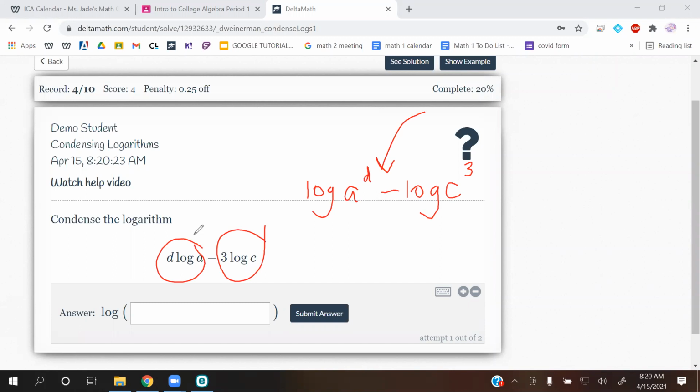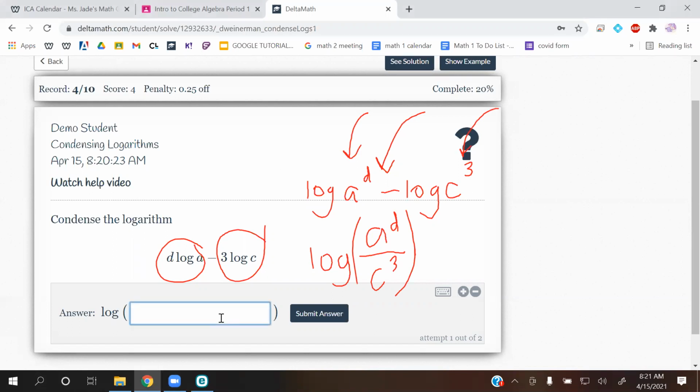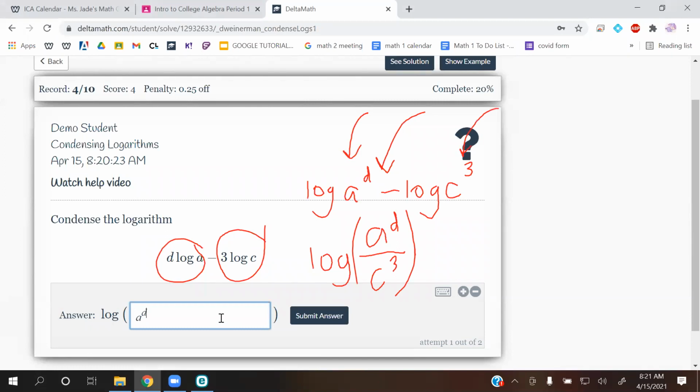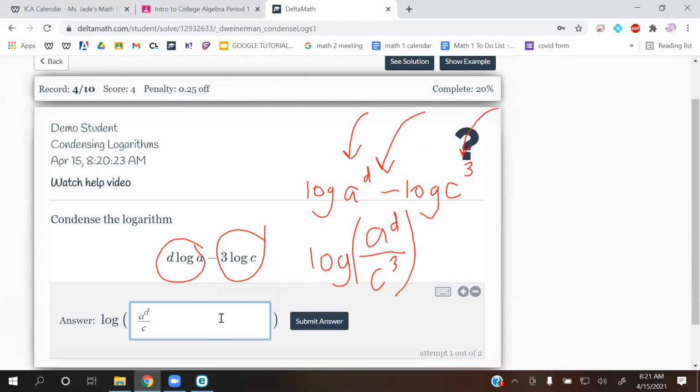You want to take those values and divide them. The one that goes on top is the one in the front, so a to the power of d. That's our numerator. And on the bottom, it's the one that was at the end, so c cubed. This is your final answer. Let me type it in: a to the power of d all over c to the power of 3.